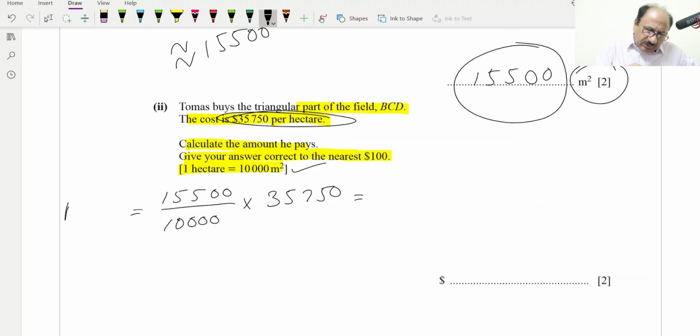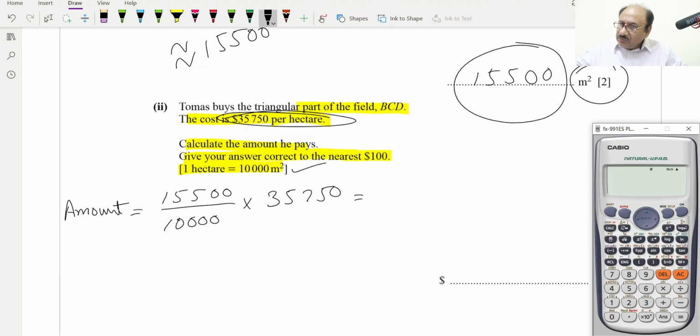So the amount is 15500 divided by 10000, and then multiplication by 35750, and this is resulting to what?